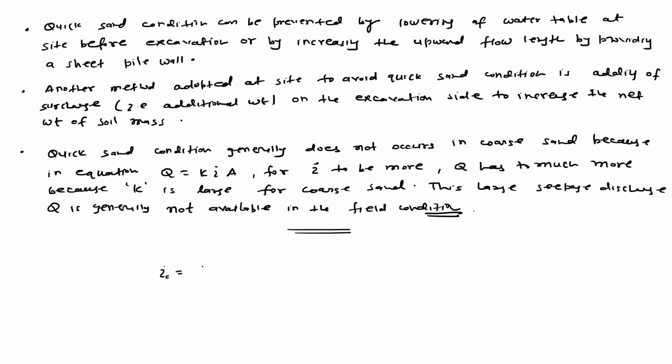IC is equal to G minus 1 divided by 1 plus e, and IC is also equal to gamma submerged by gamma W, and IC is also equal to seepage head divided by length of flow, capital H divided by length of flow. So this is all about quicksand condition.